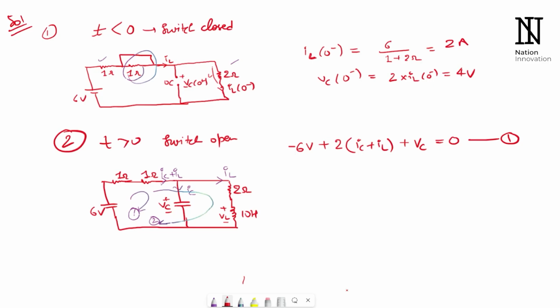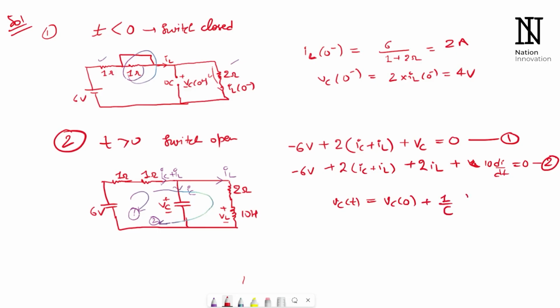Secondly, again minus 6 volt plus twice of (IC plus IL) plus twice of IL plus VL. Instead of VL, I am directly writing V equals L di by dt, so L is 10, 10 di by dt equals 0. These are my two equations. And the voltage across the capacitor VC(t) will be the voltage at time instant 0 plus 1 upon C integration of IC dt.